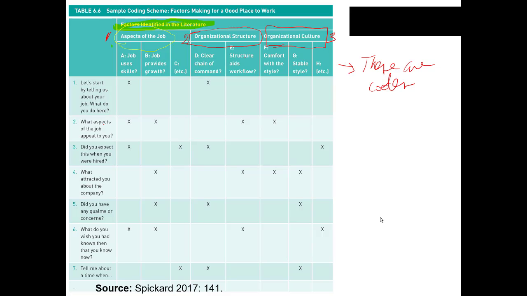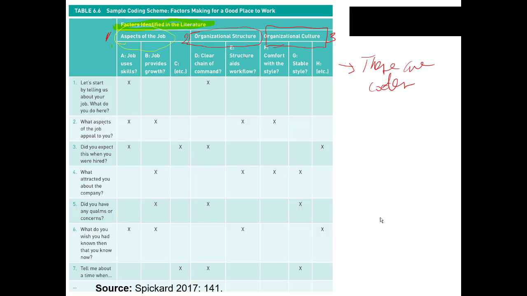This second question, what aspects of the job appeal to you, also might tell you something about what they like or don't like about the job. And then whether they are comfortable or uncomfortable with the organizational culture at that organization.